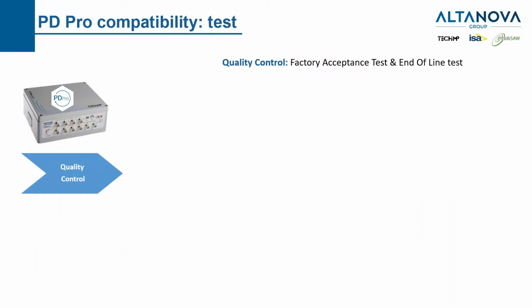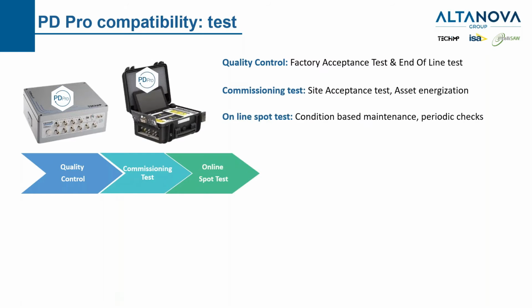Where can we use PDPro? We can use the PDPro in all portions of the testing. The first step of an asset is always laboratory testing. So we can use the PDPro with the PDBase2 for quality control purposes when we have to make factory acceptance tests or end-of-line testing for partial discharge measurement.